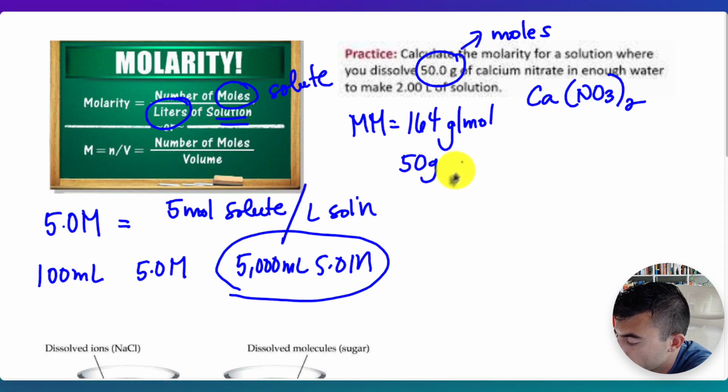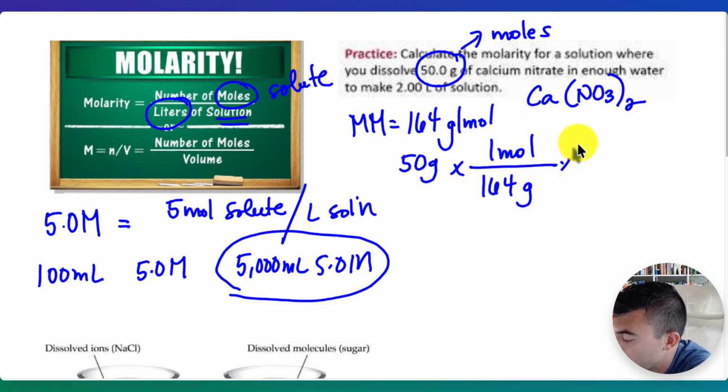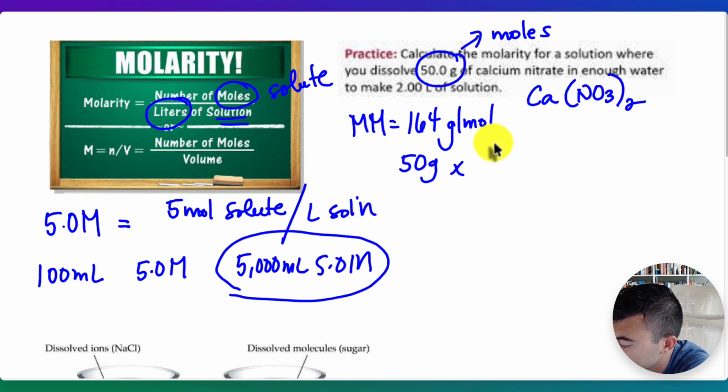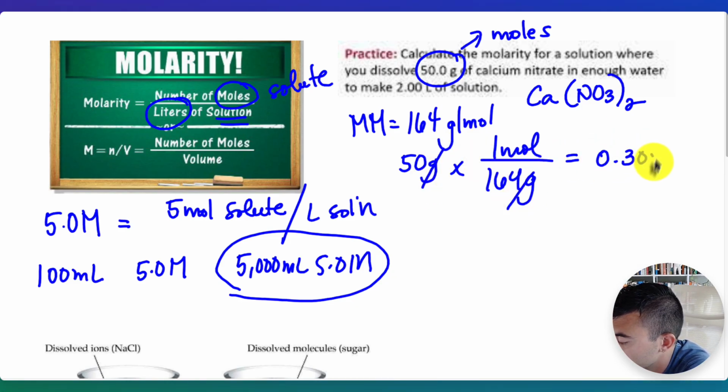We can take our 50 grams and set up a dimensional analysis conversion to convert grams of calcium nitrate to moles of calcium nitrate. Grams cancel. We should get 0.3 moles.